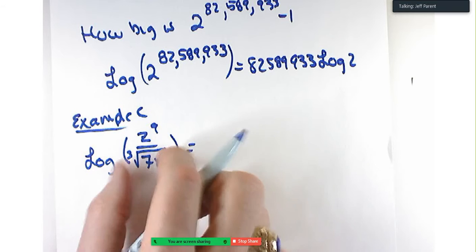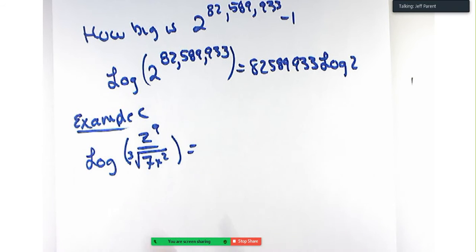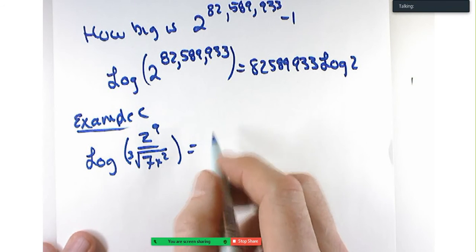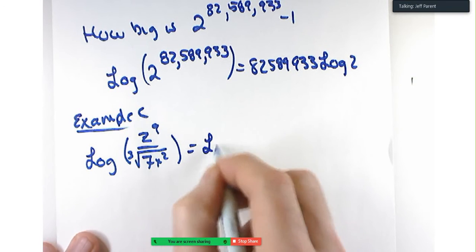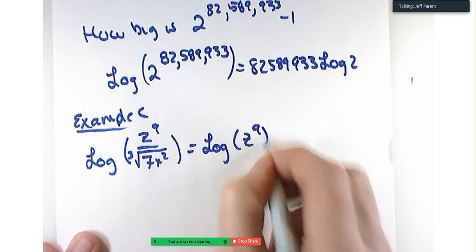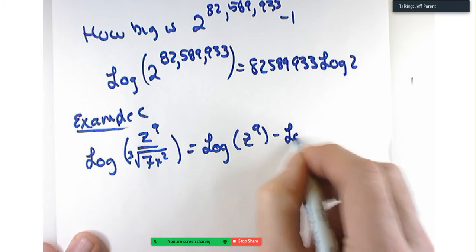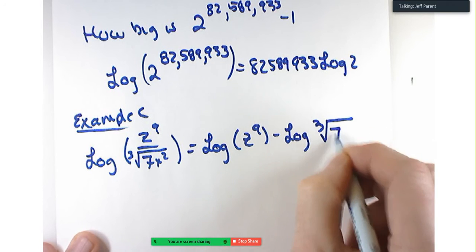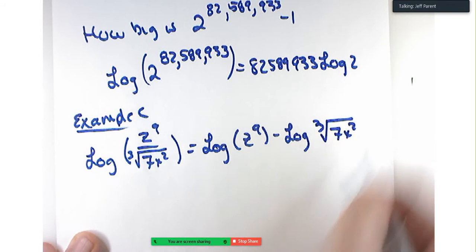That's because this doesn't apply to the whole thing. So, all right. Then what? Log of z to the 9th minus log of the cube root of 7x squared, like that.